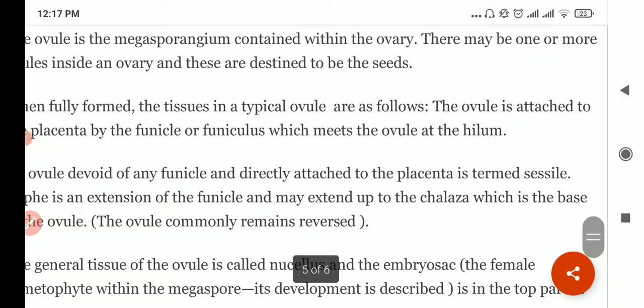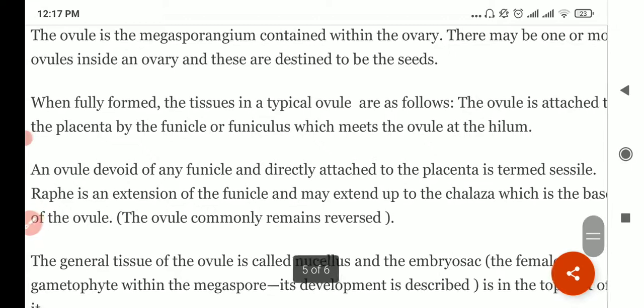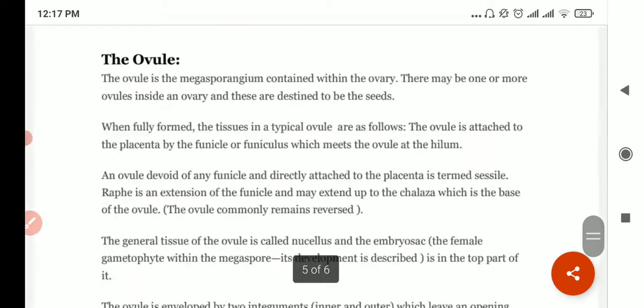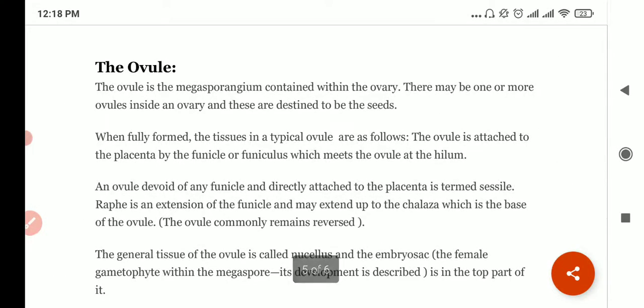So the ovule is attached to the placenta. Obviously it has to attach to the placenta, because if you remember the pea pod, the peas are attached by something. That something is your placenta, which sends the food from the outer part of the plant to the ovule.